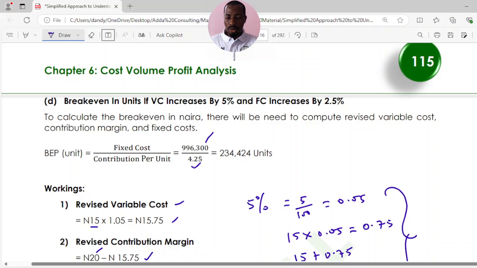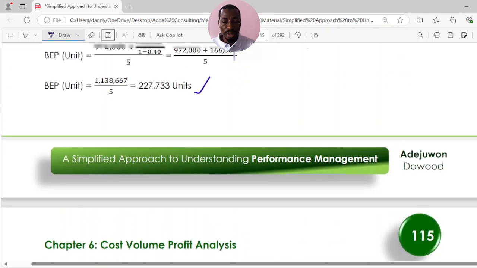When you put this in your calculator, you get 234,424 units. So if all these changes are made, then the number of units the company must produce in order to break even will be 234,424 units. So that is the end of the question.